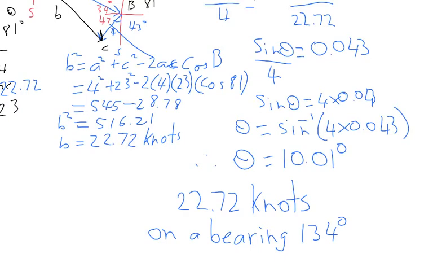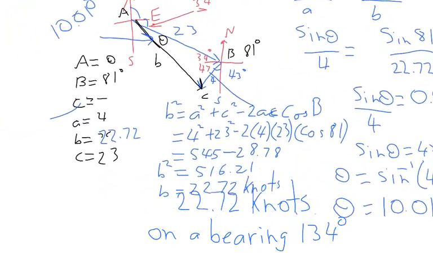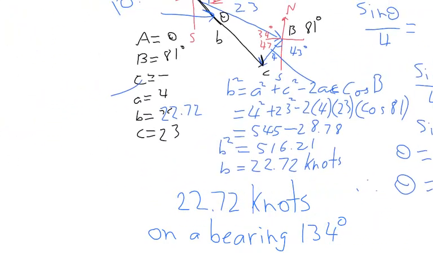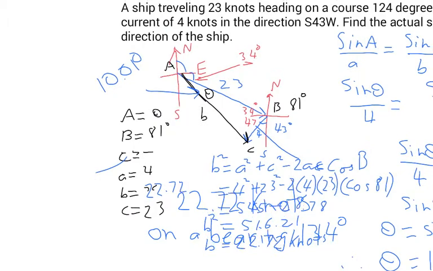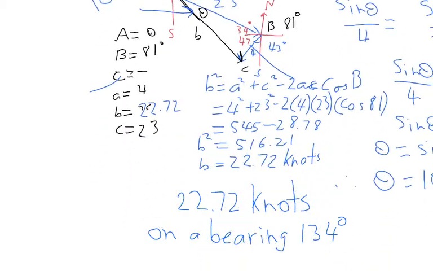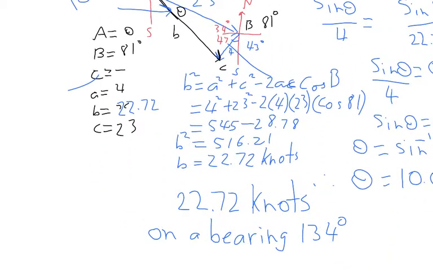Okay, so you've got to make sure that you use your sine rule and cosine rule to help you, because then the final answer is 22.72 knots on a bearing of 134 degrees.